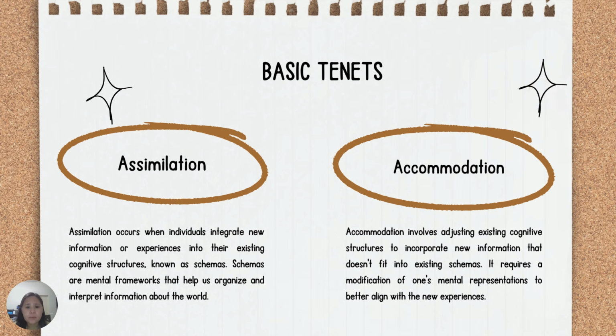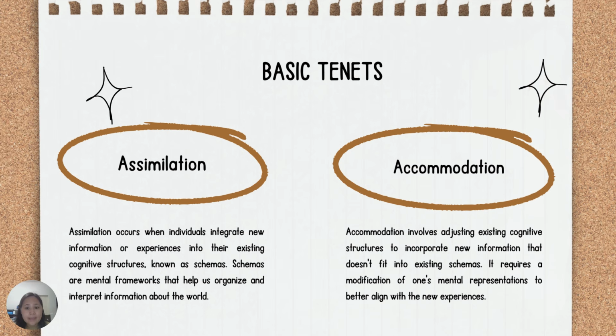So, Piaget proposed that learning happens through two complementary processes. That is assimilation and accommodation. So, when we say assimilation, that happens when learners fit new information into what they already know. For example, imagine a child who knows what a dog is: four legs, furry, and barks.